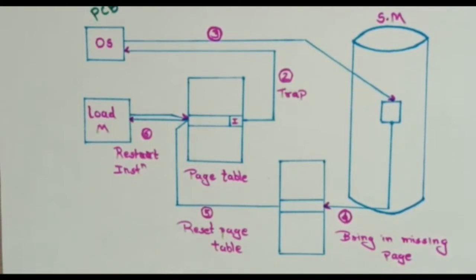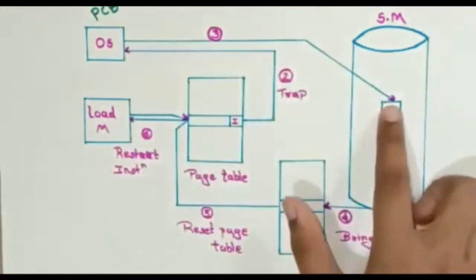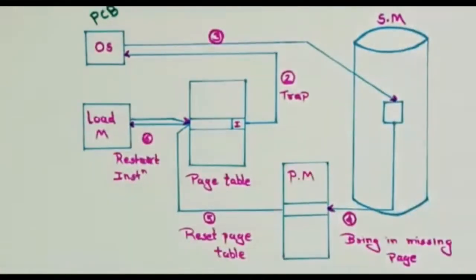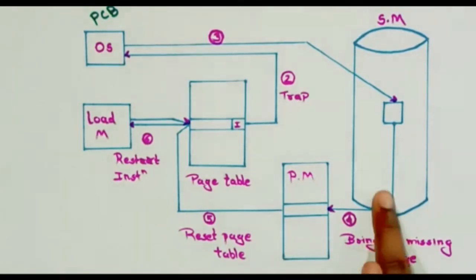If it is not an invalid reference, then the page is not present in the main memory, so control transfers to the disks, meaning secondary memory. The operating system requests the page from the disks, and that page will be placed in the physical memory. Here is the physical memory. It brings the free frames from the disks.